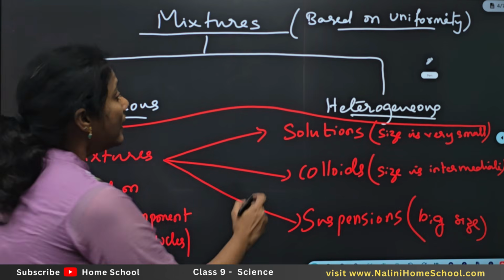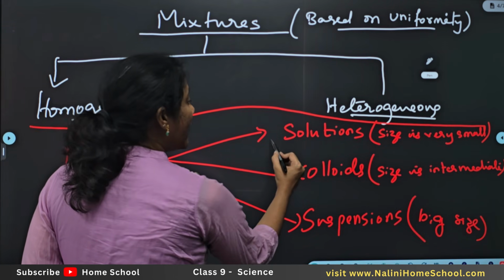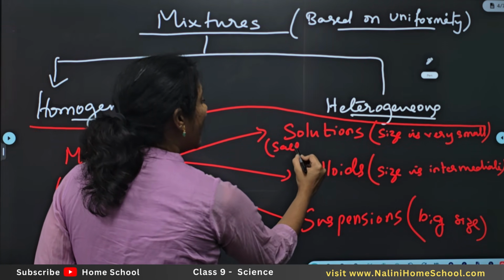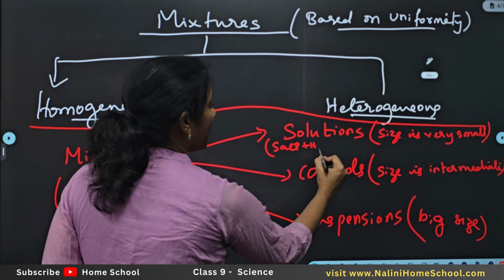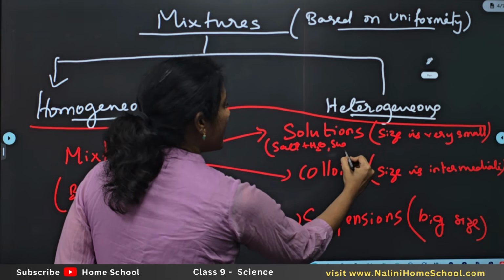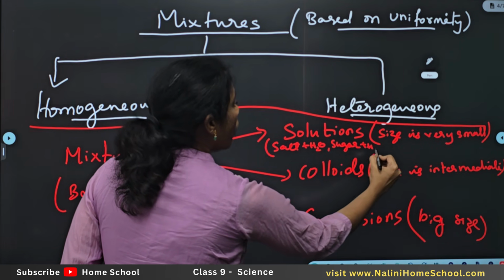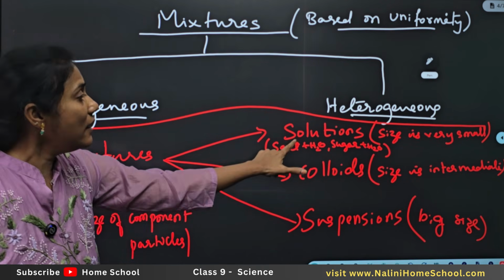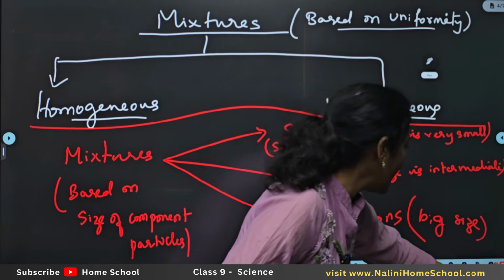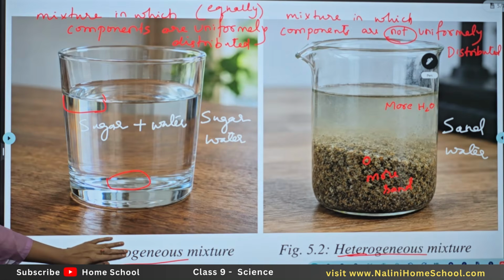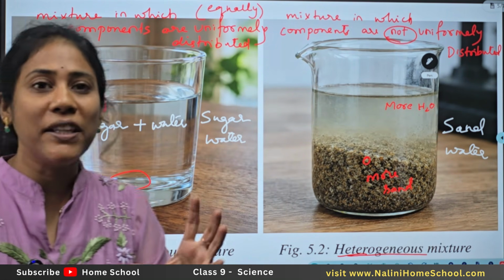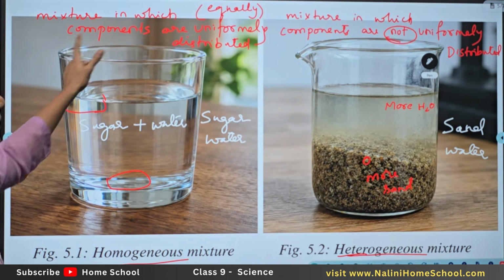For solution, if I have to give an example, it is salt plus water, sugar plus water. All of this can come under solutions. Like I have shown in the picture, all homogeneous mixtures can be called solutions.